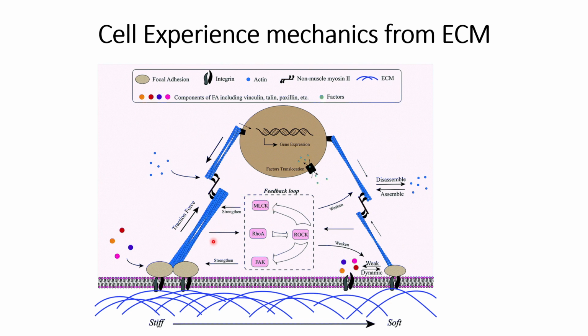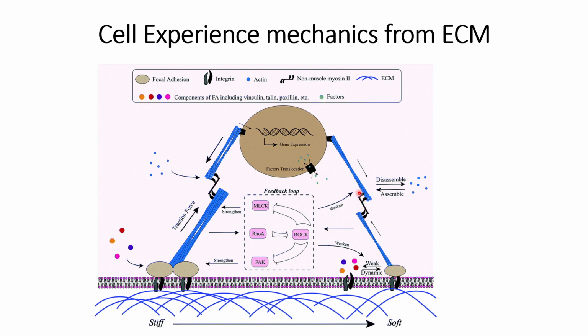That is, if they are beyond the threshold level, then it will promote these feedback loops, or it will promote the strengthening of the adhesions, and if they are in the weak dynamic range, then it will suppress. In the weak dynamic range, these translocation factors will work accordingly.